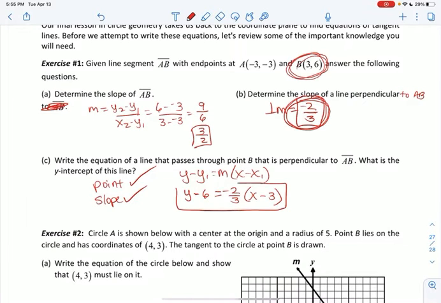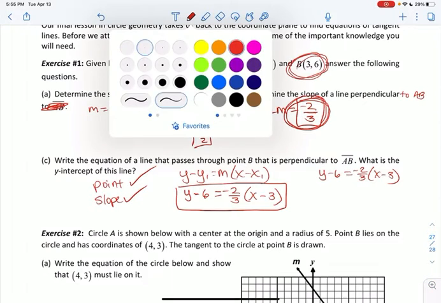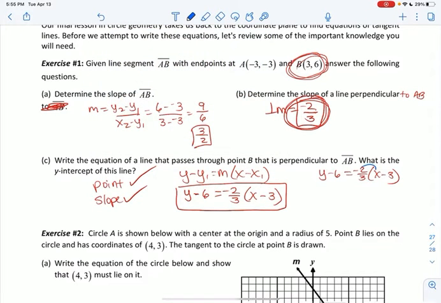The second part wants me to find the y-intercept of this line. In order to get the y-intercept, all I'm going to do is put it into slope-intercept form. So I'm just going to distribute that negative 2/3 to everything inside the parentheses. So it's y minus 6 equals negative 2/3 x, and negative 2/3 times negative 3 is positive 2.